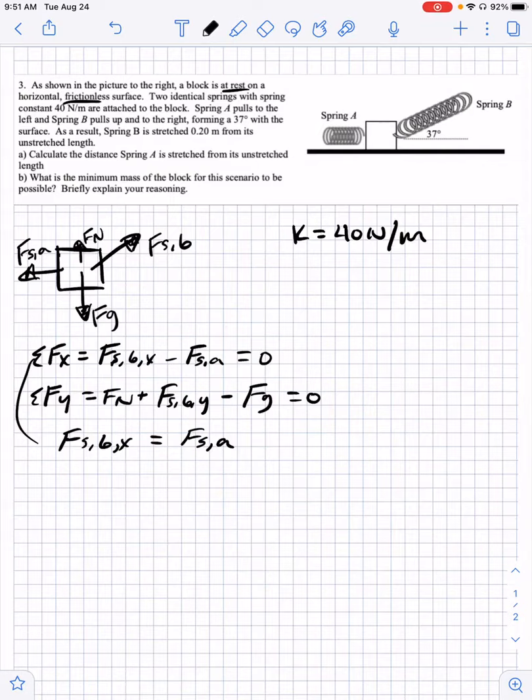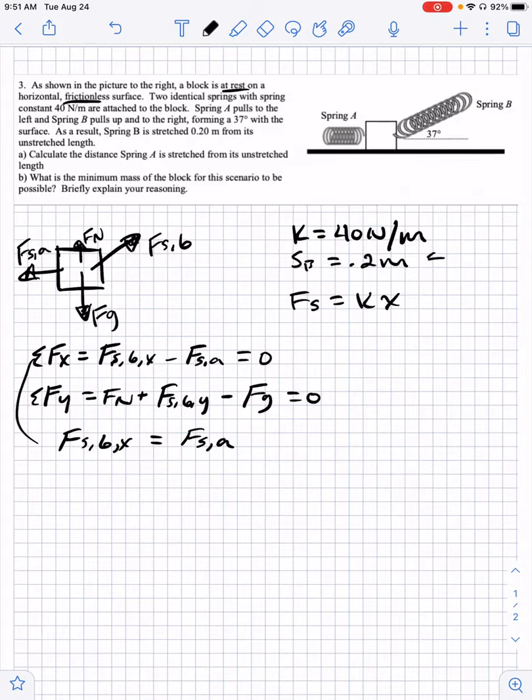And then they also told us how far spring B stretched. So spring B stretch was equal to 0.2 meters. So that's how far it stretched. And remember, in our Hooke's law equation, force of a spring is equal to spring constant times the stretch.